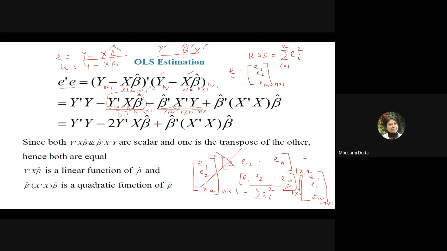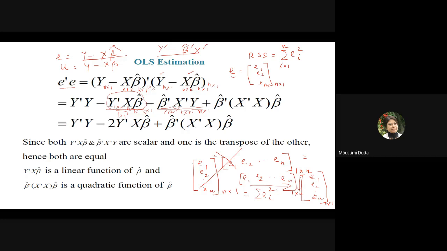So when we take the derivative with respect to beta hat, the beta hat term will not be there. In a standard case, if you take the derivative of E prime E with respect to beta hat, we have a hunch that we will get minus 2 Y prime X. However, when we revise differentiation with respect to vectors as well as matrices, you will find that there will be a little bit of change. At least this part we are understanding.